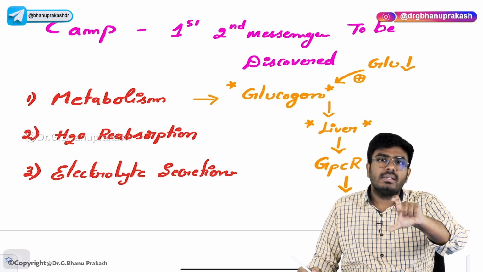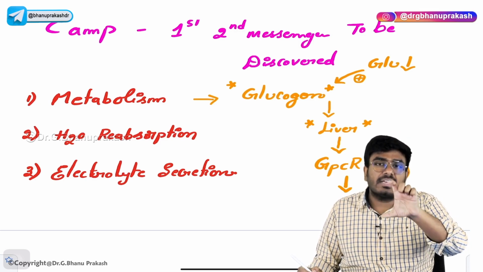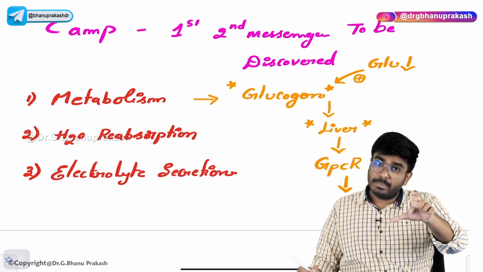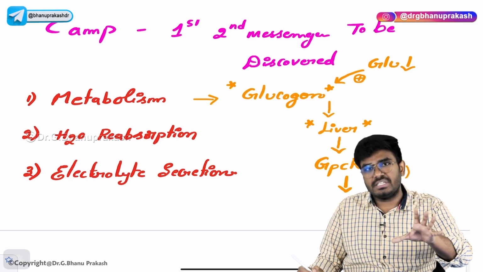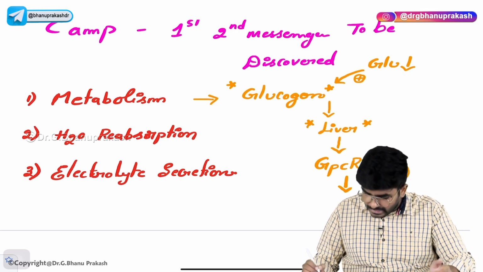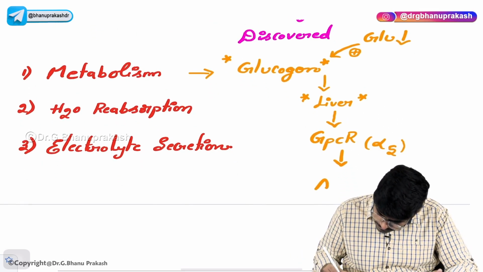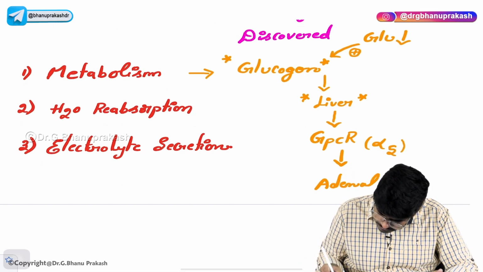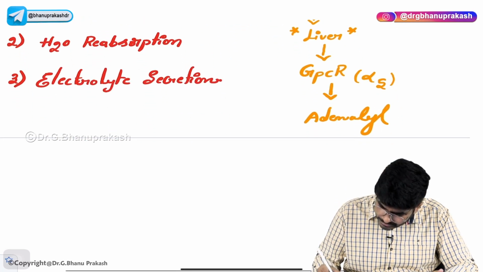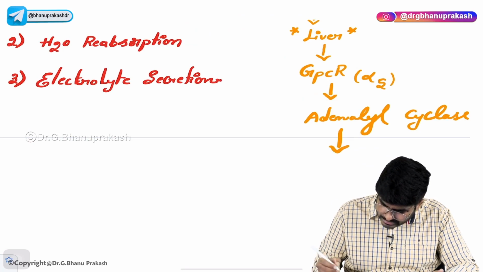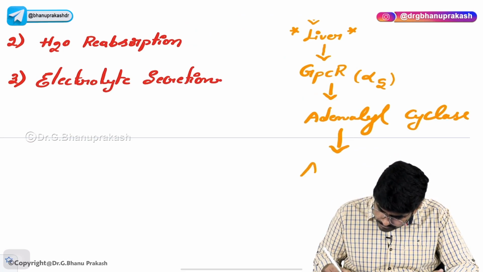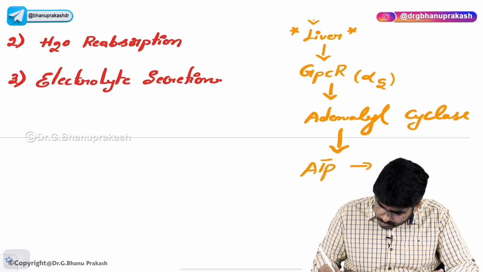It has GTPase activity. It will convert GTP into GDP. Energy will be released, and with the released energy it will activate adenylyl cyclase. Now this adenylyl cyclase is going to convert ATP into cAMP.